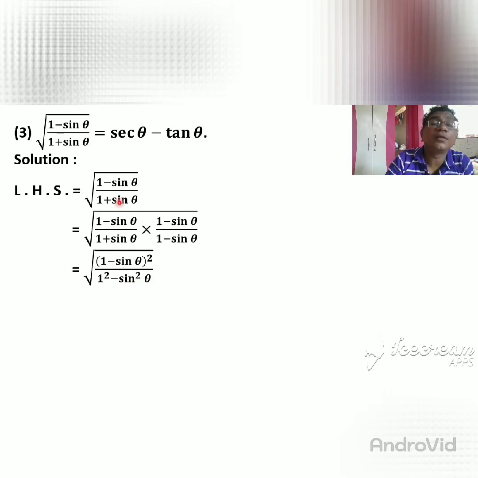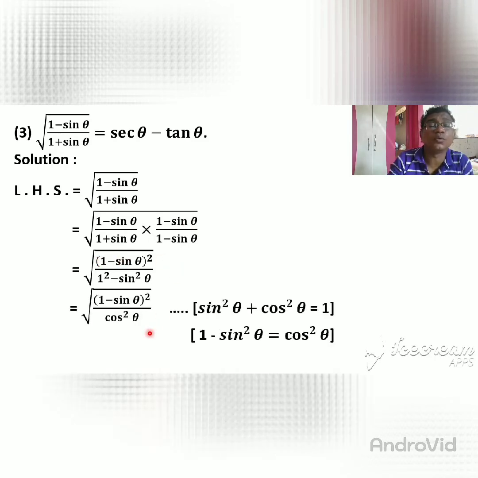Do you understand? This 1 minus sin theta and this 1 minus sin theta, both are the same, so 1 minus sin theta bracket square. So here is 1 minus sin square theta. What do you get for 1 minus sin square theta?